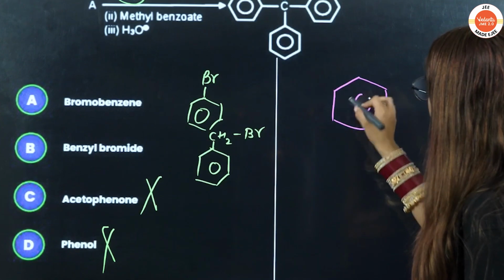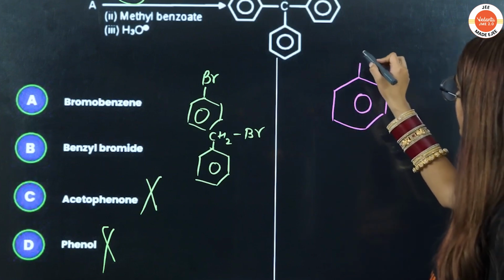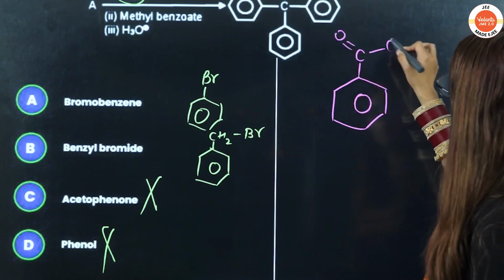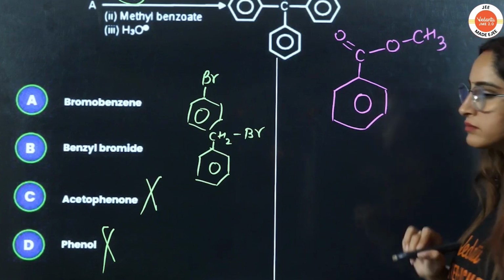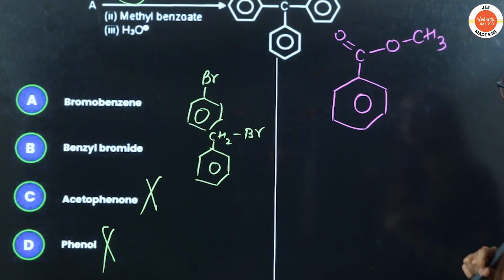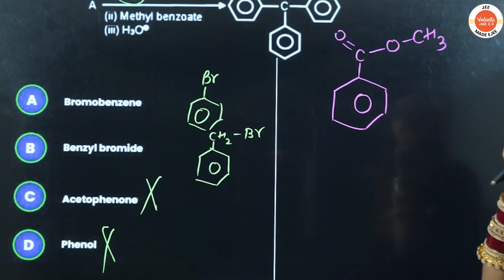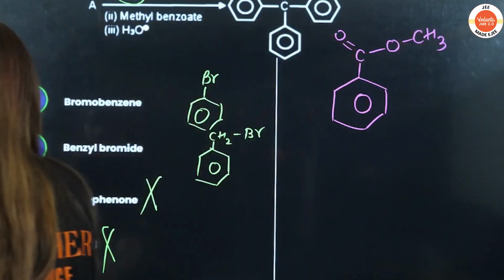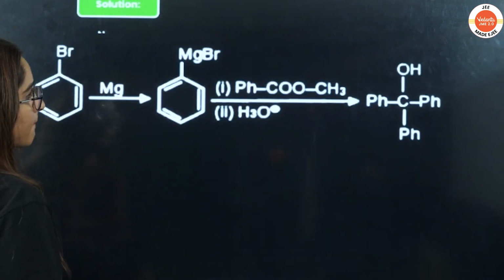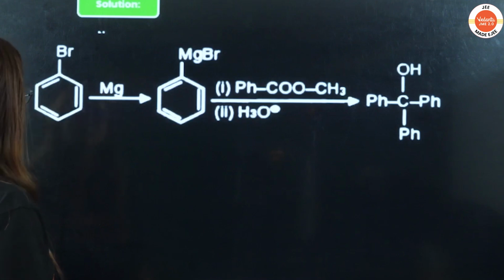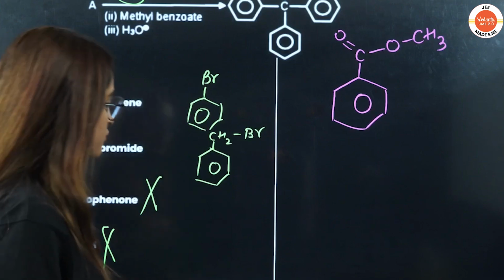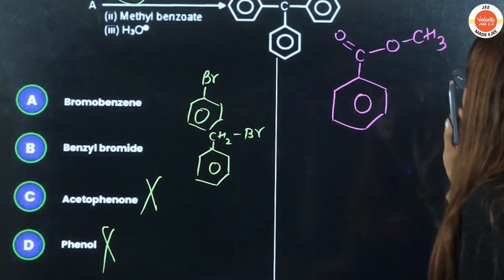If you see here, methyl benzoate is C double bond O, OCH3. As you can see here, methyl benzoate, then you hydrolyze it. You need to have 3 benzenes, right? So, methyl benzoate. Let's try it. I think it should not be like that, but let's see.